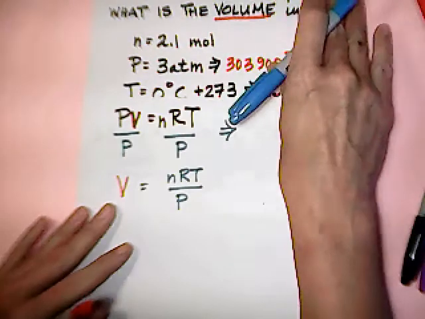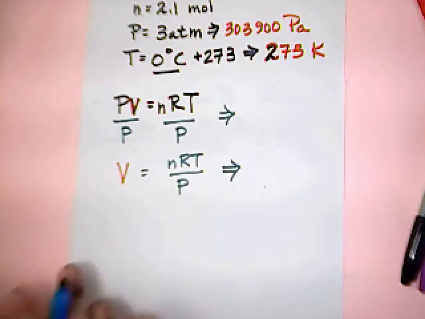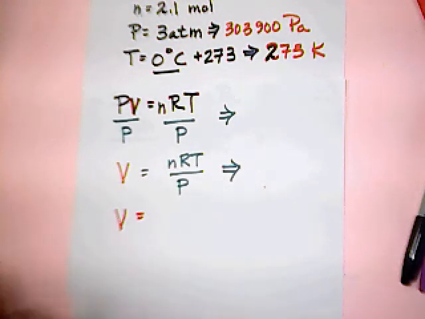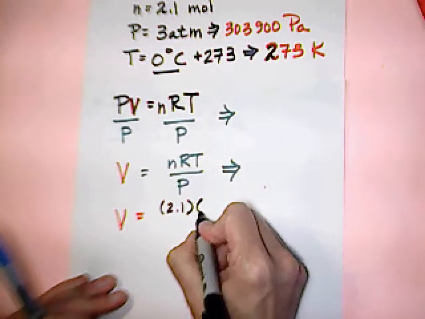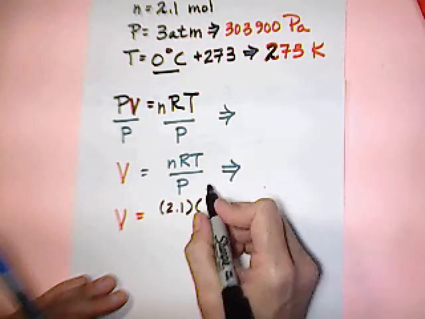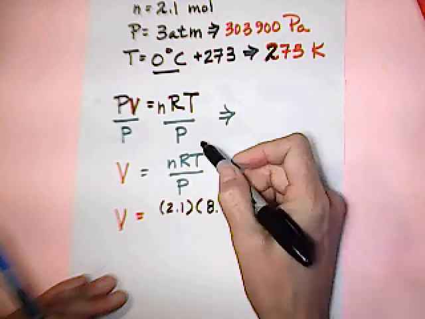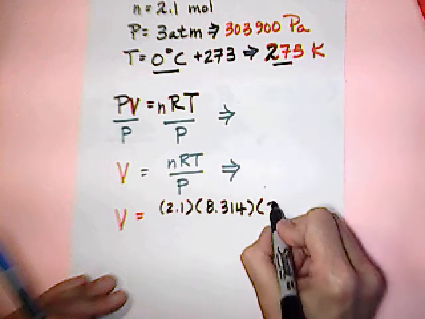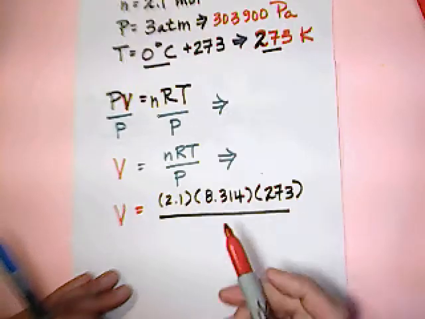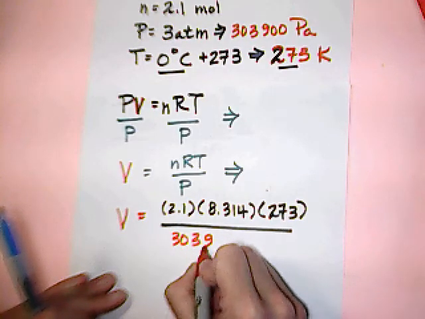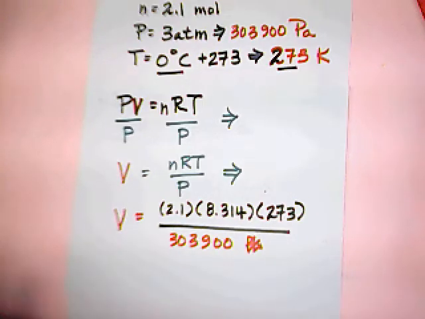I'm going to start substituting in my values. My volume is equal to, n is 2.1. I'm not even going to mess around with the units right now. They're important, but I'm going to prioritize working the problem. 8.314 times my temperature, which is 273, divided by this humongous number, 303,900 pascals.